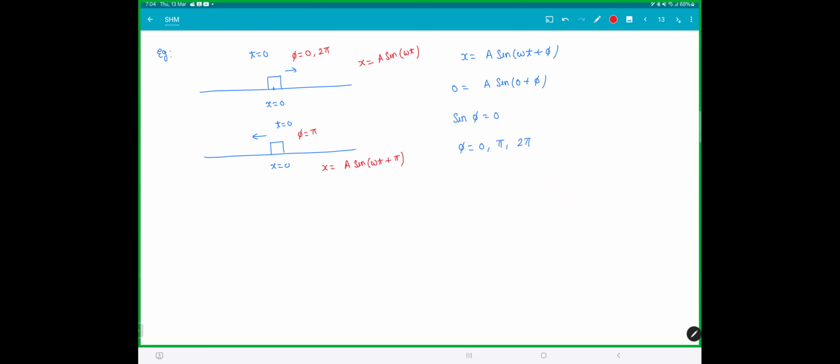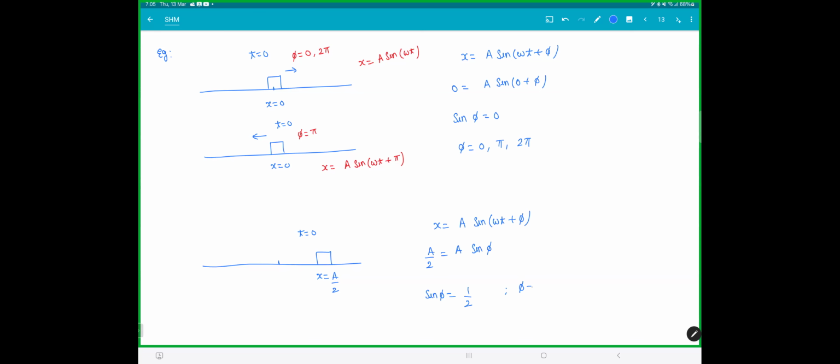So what will this guy say then? Suppose the block was here at x is equal to a by 2, at t is equal to 0. Same thing, if I put x is equal to a sine(omega t plus phi), this will be a by 2. At t was 0, so this is sine phi. So we get sine phi is equal to half.